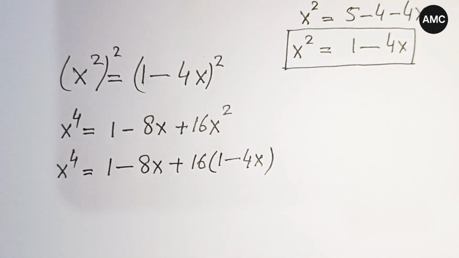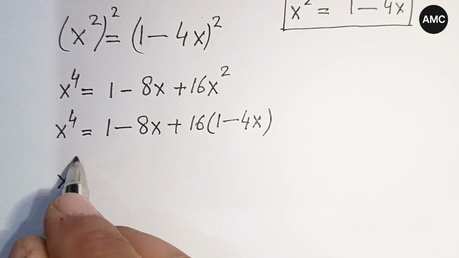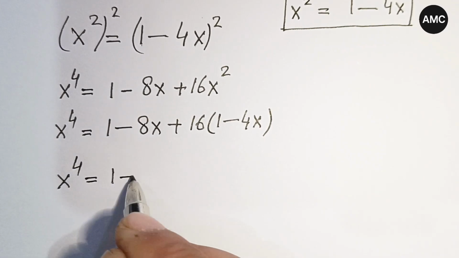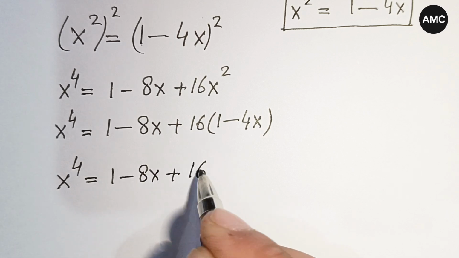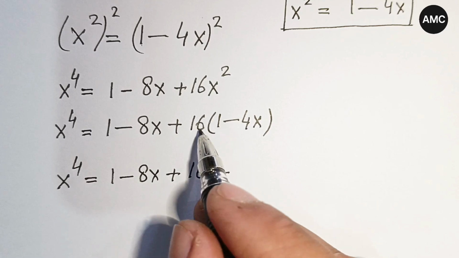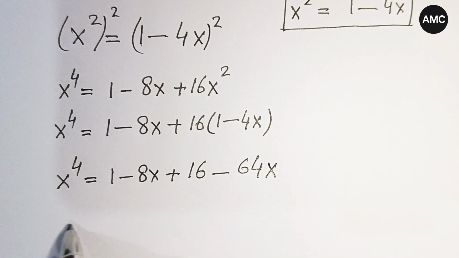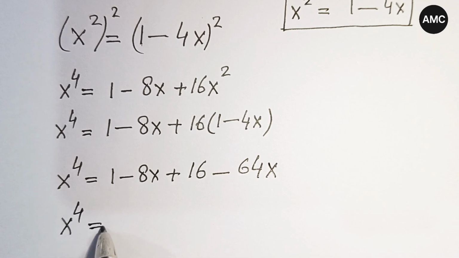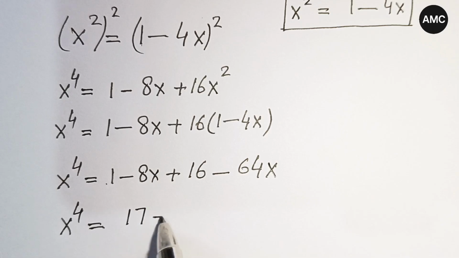So here we have x to the power 4 is equal to 1 minus 8x plus 16 times 1 is 16, minus 16 times 4 is 64x. Here we have x to the power 4 is equal to 1 plus 16 is 17, and minus 64 minus 8 will be minus 72 times x.